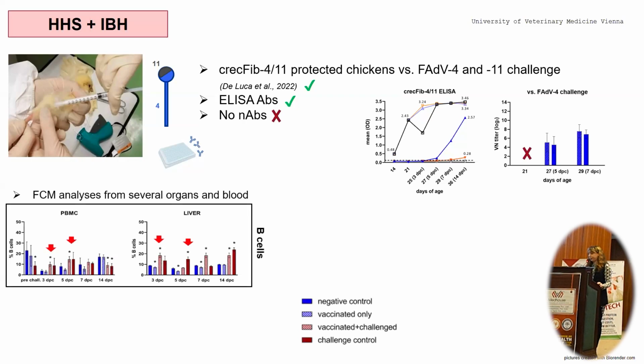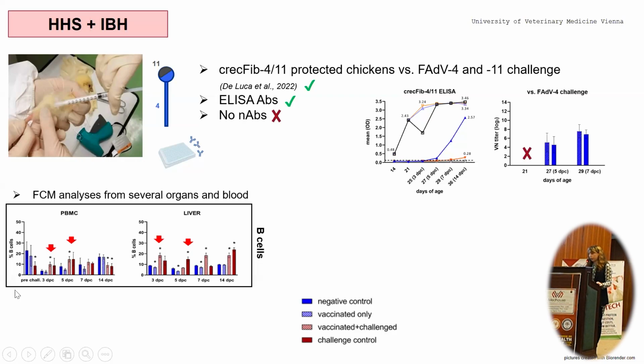In this case, because we kind of expected something like this, we really looked into the cellular immune response. We published a paper with extensive results. Unfortunately, we do not have too much time here, so I will go directly into the highlights. These are the B cells, the systemic ones, so in the blood and in the liver as well. The dotted red, if you can see, is the vaccine group. The solid red is the challenge control.